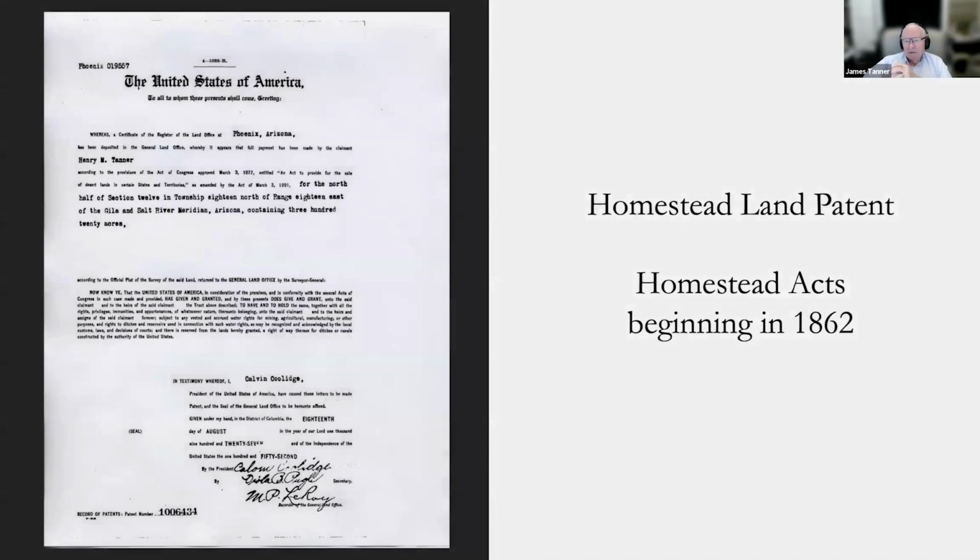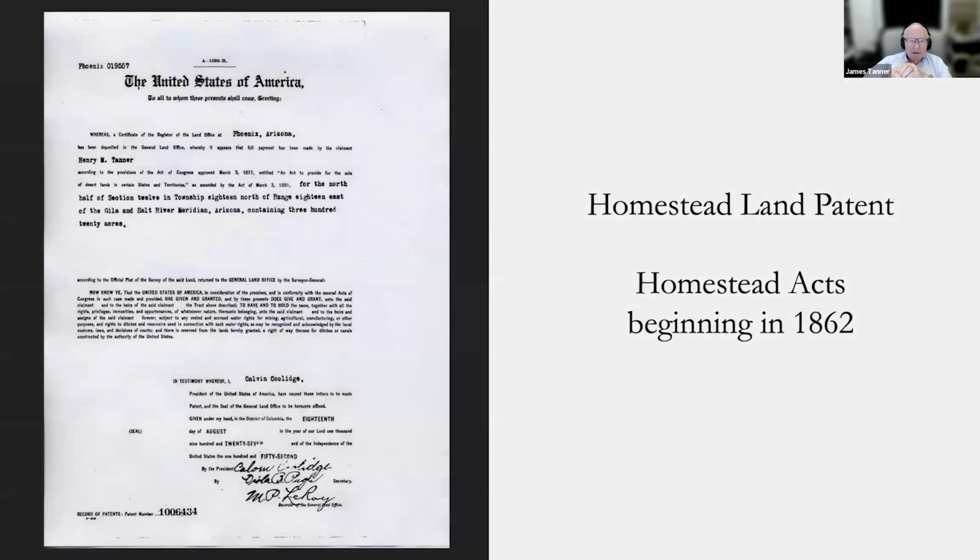The Homestead Act was a different way. The bounty lands were given to military people, but the homestead land patents were actually a sale of land for a sort of low price, and they paid a few dollars an acre for their land.